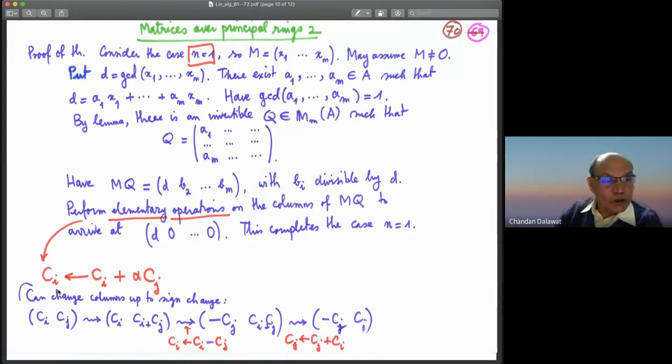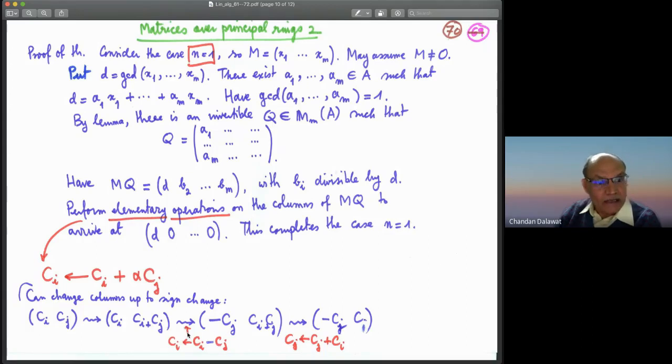One of the things that you can do with column operations is to interchange two columns if you are willing to replace the sign in one of the columns. So for example, how do you do that? You have this matrix with columns, any number of columns, of which I've written only two, Ci and Cj. i and j are different. Now, I can apply a column operation and keep Ci as it is, and replace Cj by Ci plus Cj.